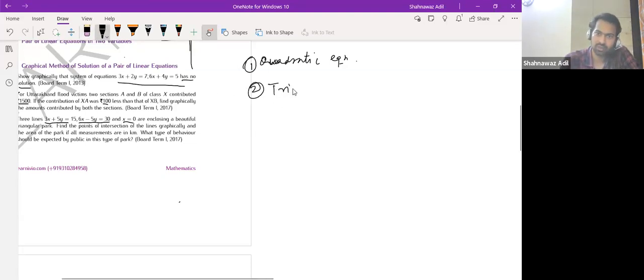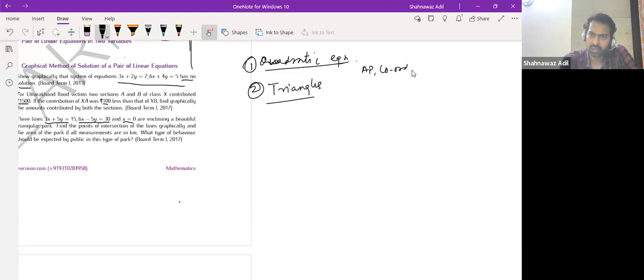Okay, good. And in between quadratic equation and triangles, what do we have? Triangle is the seventh chapter, right? AP and coordinate geometry, AP and quadratic. Yes, so these are the chapters that we have.